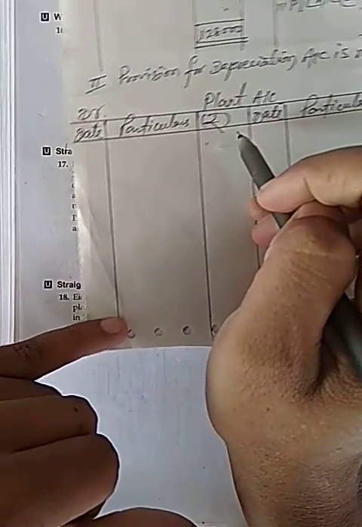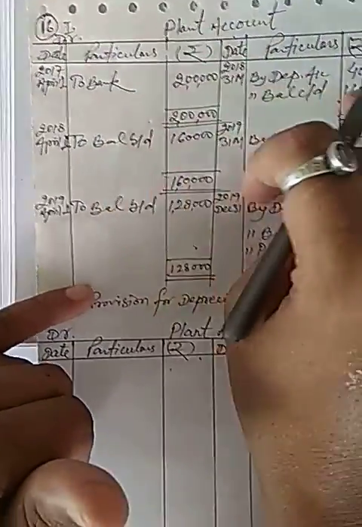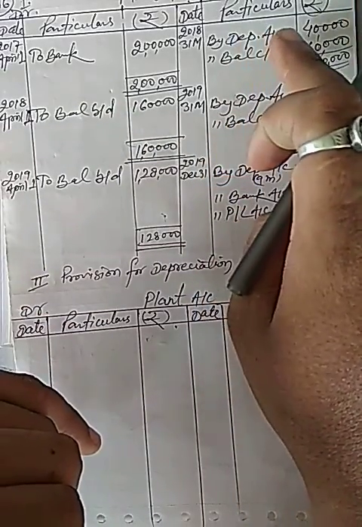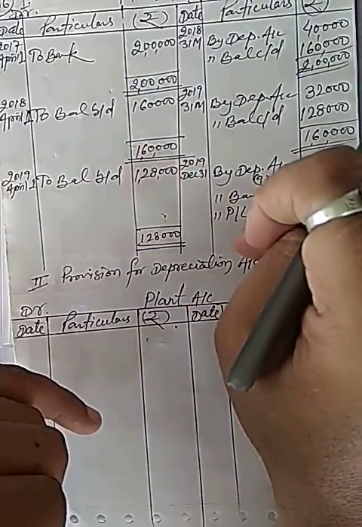So now let us write from this. We have to separate the depreciation account and the plant balance.